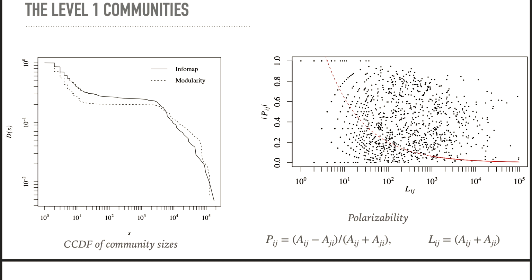Normally the resolution limit is when you have small communities and you can't break them further. No, it is the other way around: you have large communities that you cannot break. They are not actually well-defined communities. This resolution limit problem will be solved in the second level.